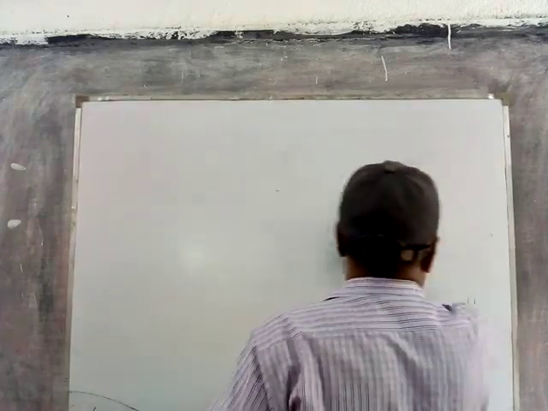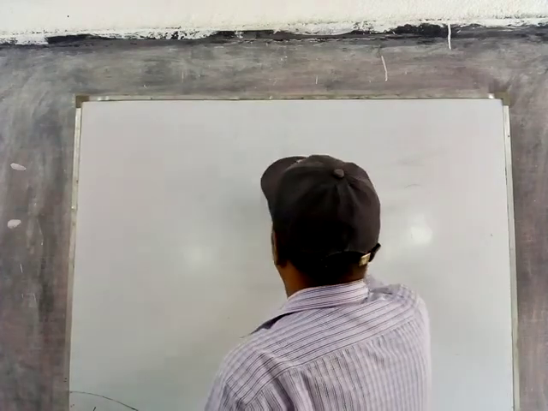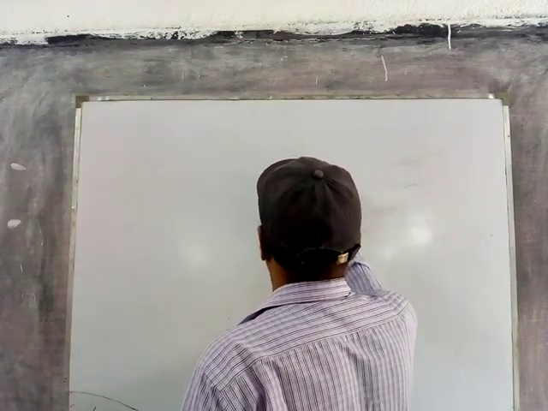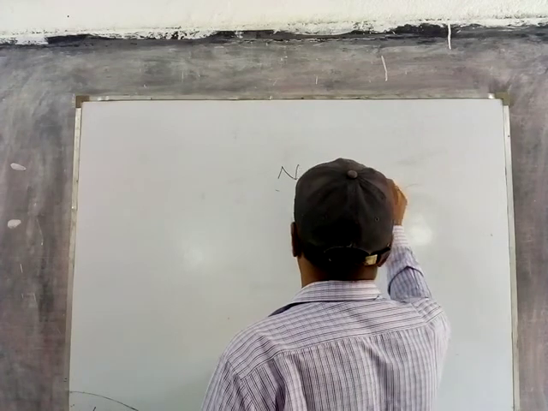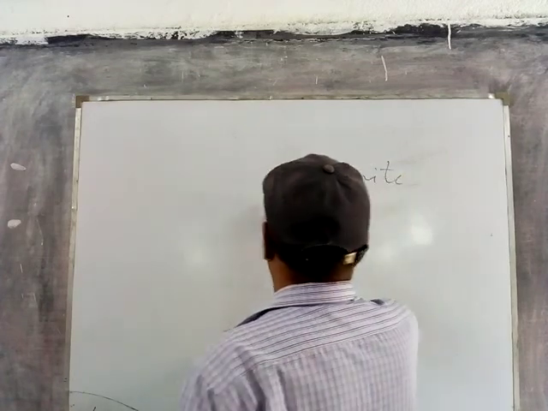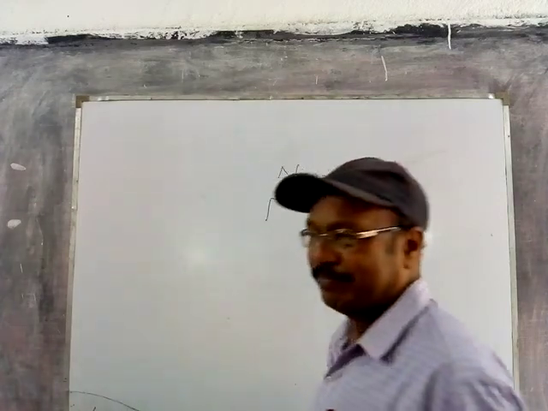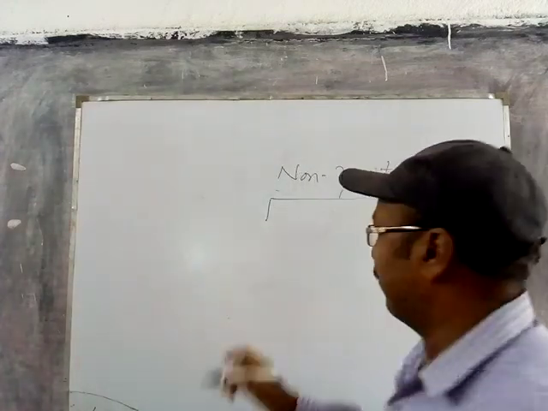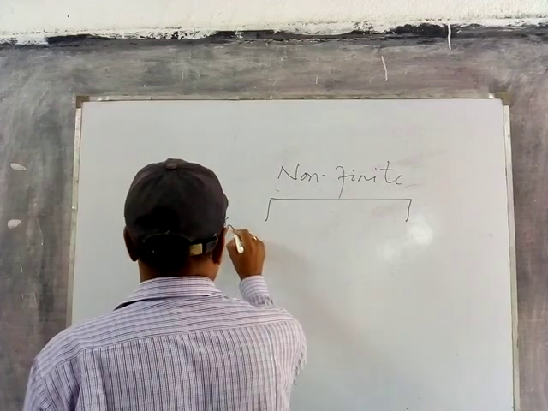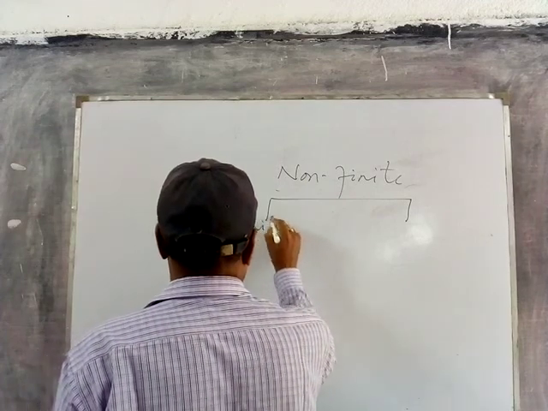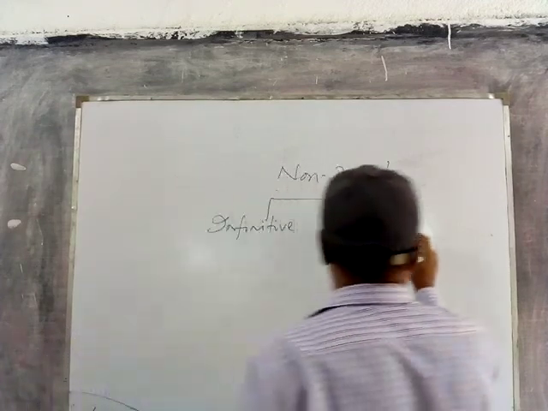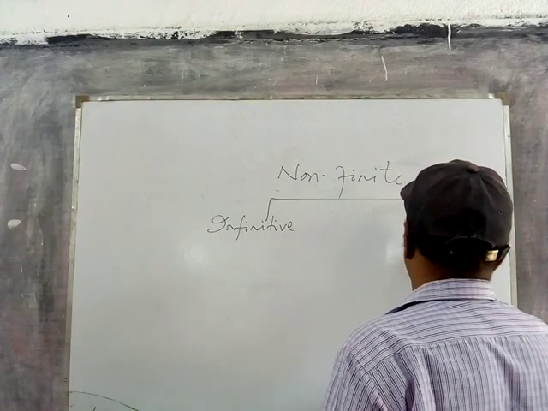about non-finite. Non-finite can be broadly divided into two groups: infinitive group and non-infinitive group.